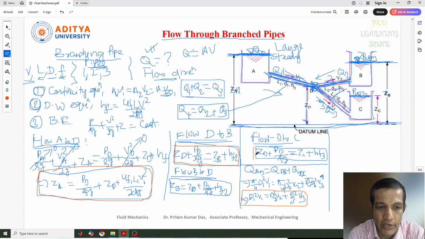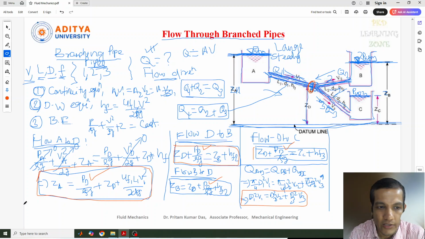If you consider these three equations, we can find out these values. Apart from that, also PD by rho g, because this is the junction point, the pressure head at the junction point. PD by rho g will be there for all the points, because it is the junction point.